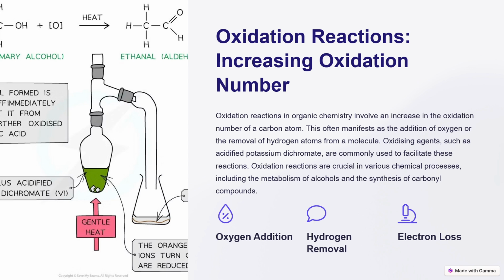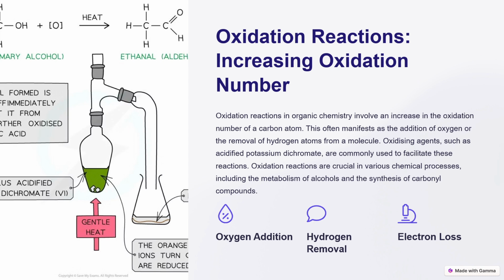Fourth, we have the oxidation reaction. It is tasked to increase the oxidation number. Oxidation reaction in organic chemistry involves an increase in the oxidation number of an atom. These are often manifested as the addition of oxygen or the removal of hydrogen atoms from a molecule.